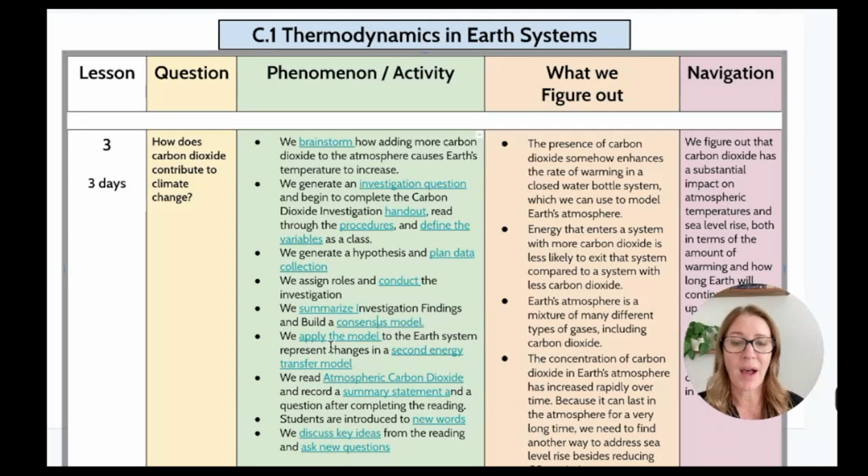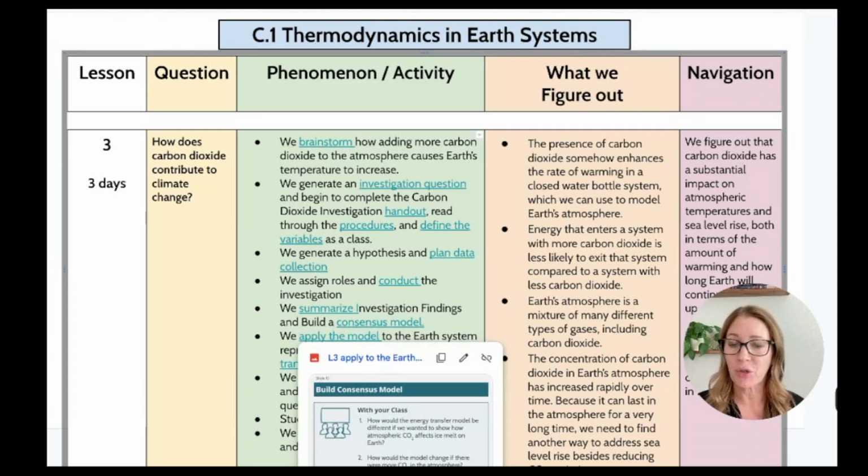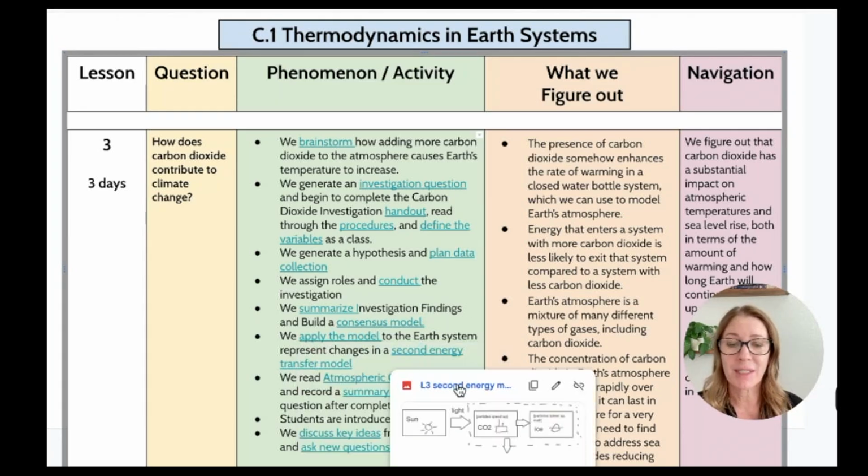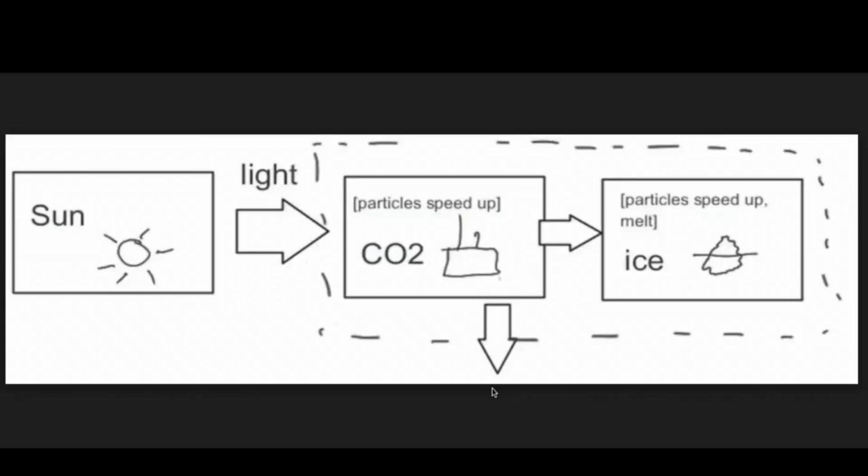Then we're going to apply that same model idea to the Earth. We're going to apply how the energy transfer model would be different if we wanted to show how atmospheric CO2 affects ice melt on the Earth, and how the model would change if there were more CO2 in the atmosphere. So our second energy model will look like this. Instead of the heat lamp, we've got the sun bringing light energy into our Earth system.